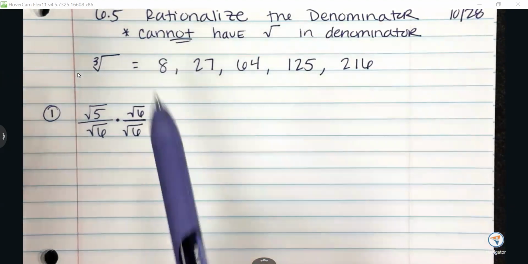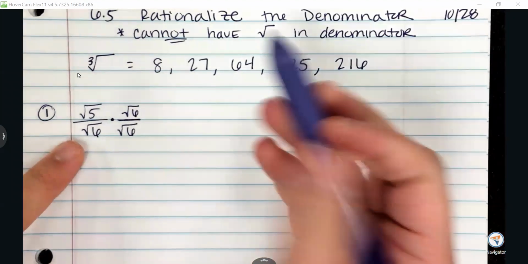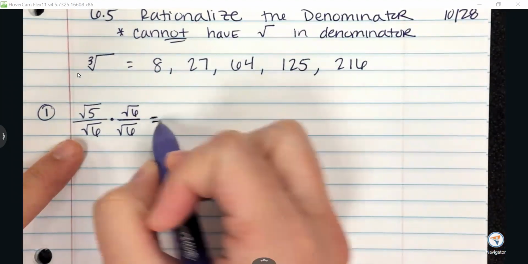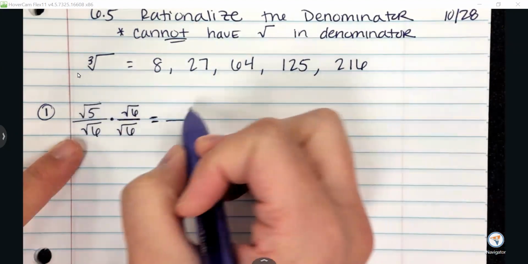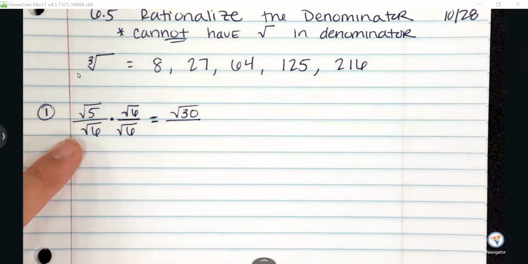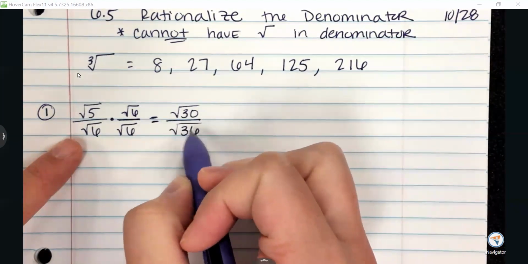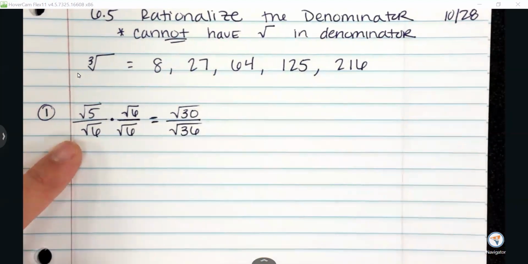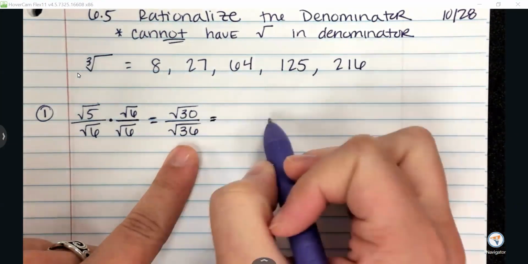Now, why did I pick square root of 6? Because that's what's already here. And I know that if I multiply, so let's multiply the top. What is square root 5 times square root of 6? Square root of 30. What is square root 6 times square root 6? Square root of 36. What do I know about the square root of 36?